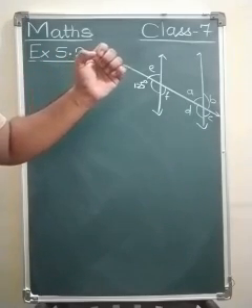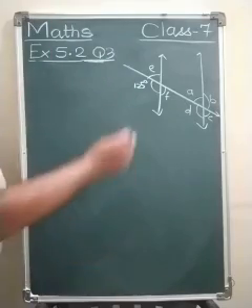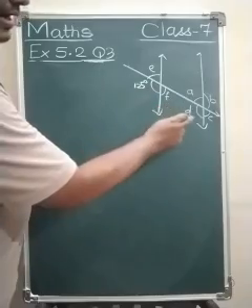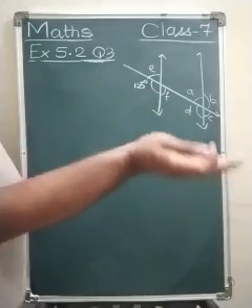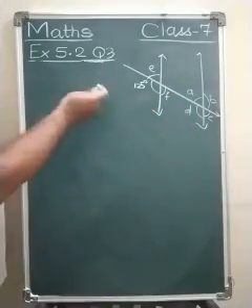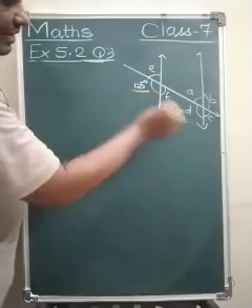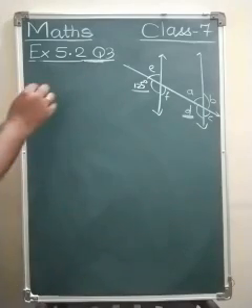You can see that given angle 125 and angle D. Again I will explain and I will send you the notes because the writing part is much more. First one, I will write for you.